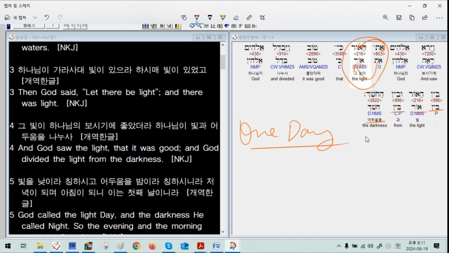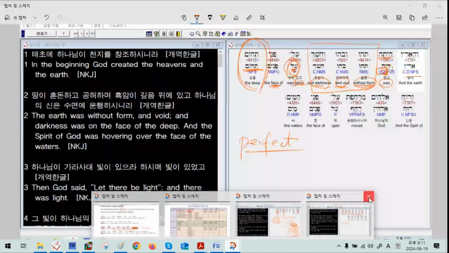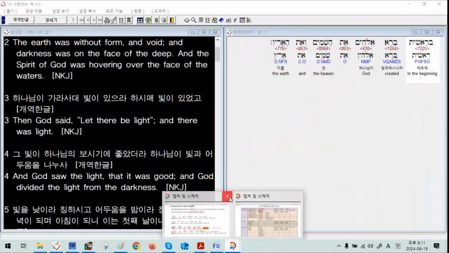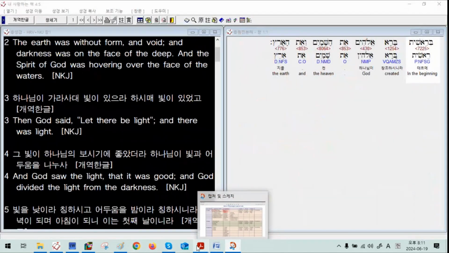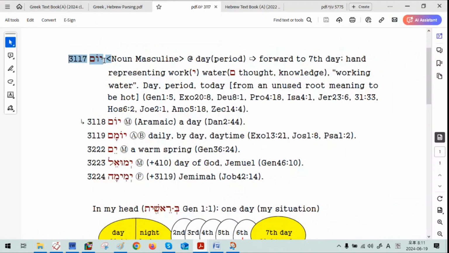A 1 day process, right? Then what is the day? Because 1 day is the 7th day, and the 7th day is the 1 day. Then what is the day? When we go to the day, the 3117 Yom is the day.